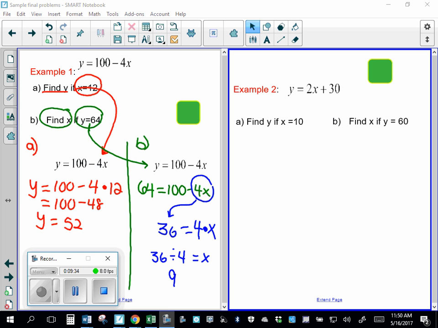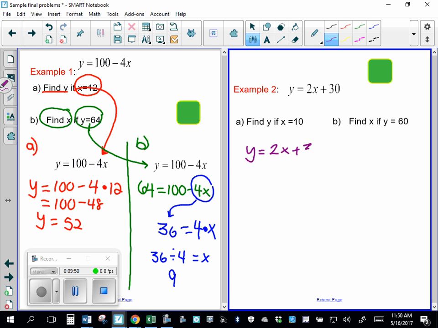So Daisy, tell me what you did for part A. So y equals 2x plus 30. What do we know about this? What does part A tell us?